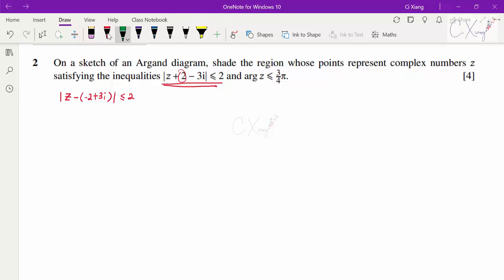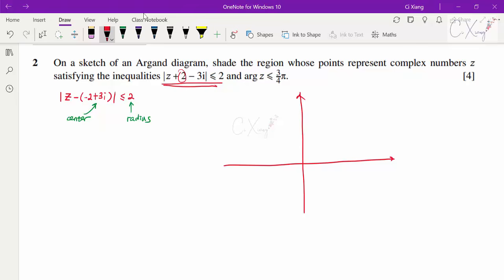From here, you should actually know that this is the radius of the circle, and this is the center of the circle. Then you can start sketching it. Please take note that when you sketch the diagram, it will be good if you can try to draw the ratio as accurate as possible.